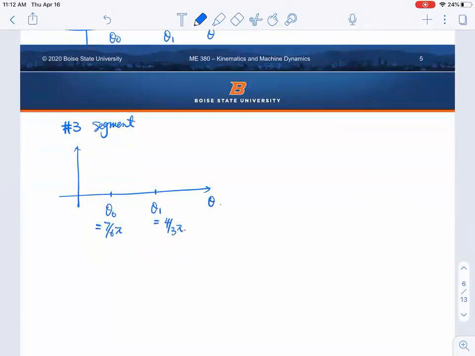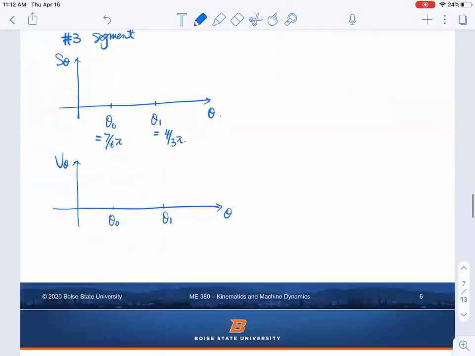That's your S theta, and then you have your V theta and A theta between theta naught and theta 1. All right, that's everything you already know.